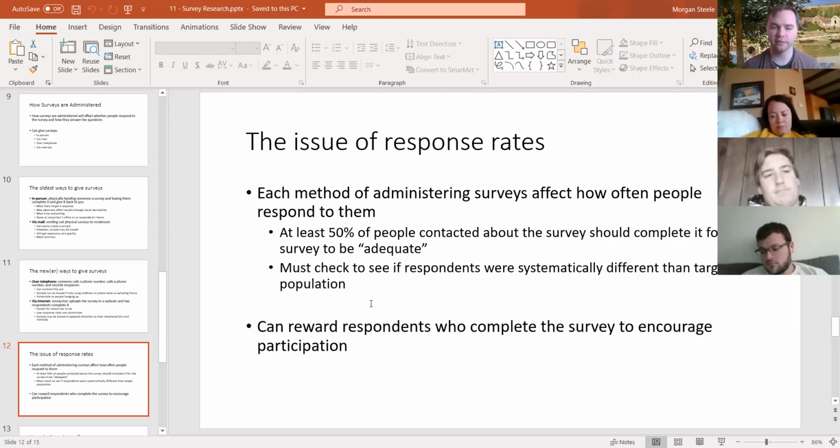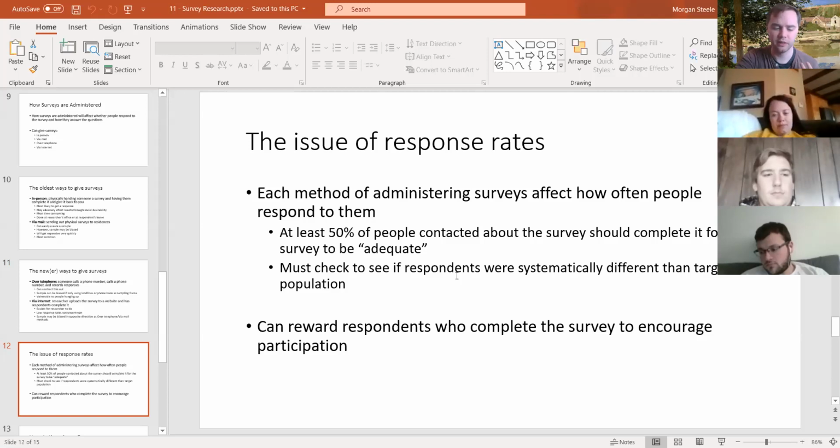So if you're looking at understanding Fort Hayes's views of the police and their fear of crime on campus, we would need 2,000 or 2,500 people to complete the survey for it to be actually representative. And we would also have to see if the characteristics of the people who responded are systematically different than our population.